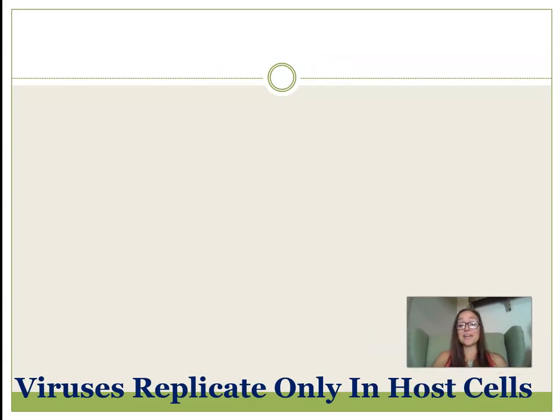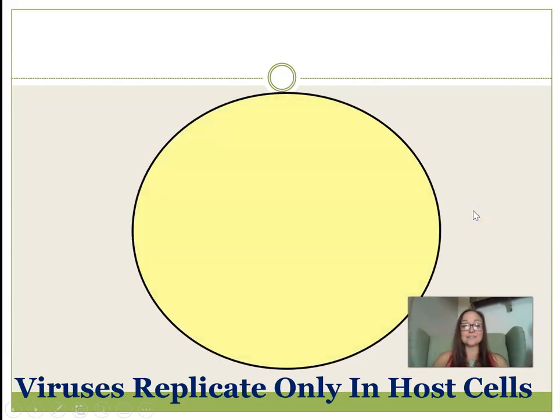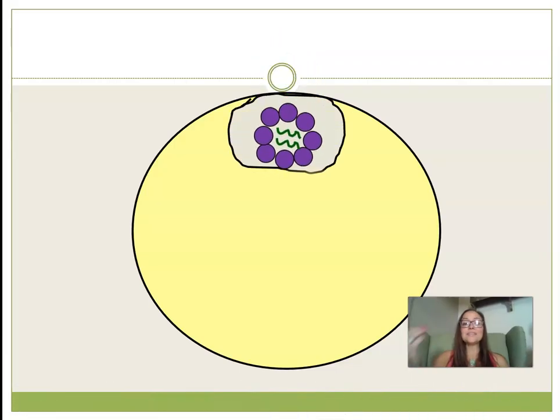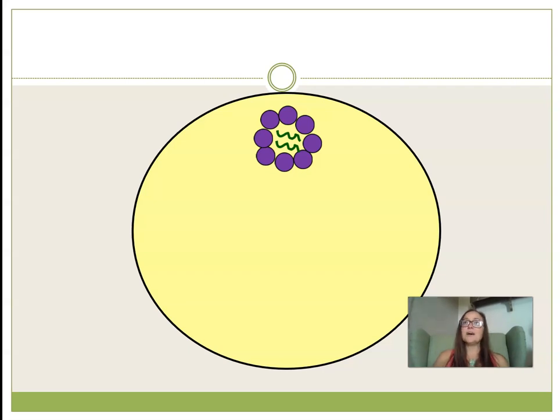Because viruses are not cells, they can only replicate within a host cell. Here's a host cell, and here we have a virus. The purple represents the capsid or the protein coat, and those green squiggly things represent the nucleic acids, whether it's DNA or RNA. In reality, viruses have different ways of entering cells.